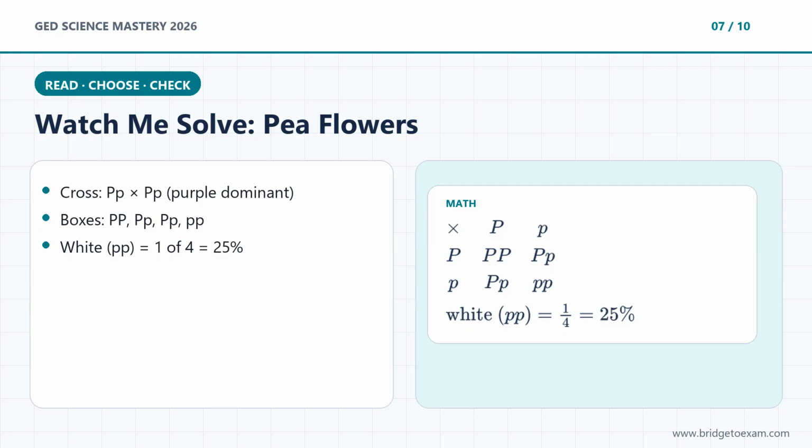Choose. The 4 boxes are PP, Pp, Pp, and pp. Only the pp box is white. That is 1 out of 4, or 25%. Check. The other 3 boxes each have at least 1 P, so they are purple. 3 purple to 1 white confirms 25% white.